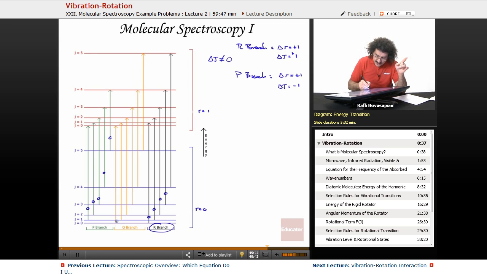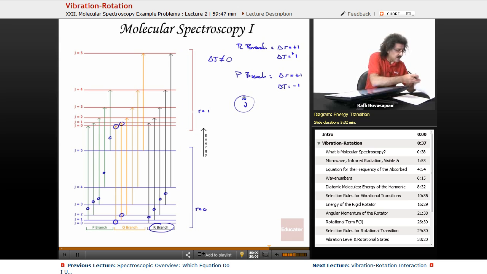Notice this line right here, going from J equals 0 to J equals 0, J equals 1 to J equals 1. Because delta J equals 0 is a forbidden transition, we don't see these transitions in the spectrum. What you see in the spectrum is an empty gap, no line, at nu, the fundamental vibration frequency.